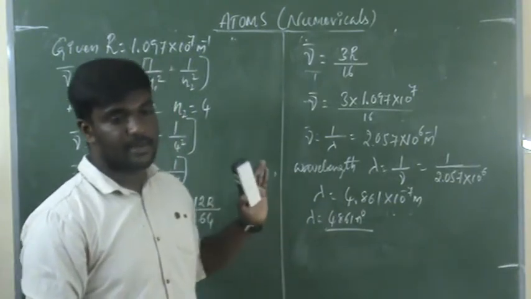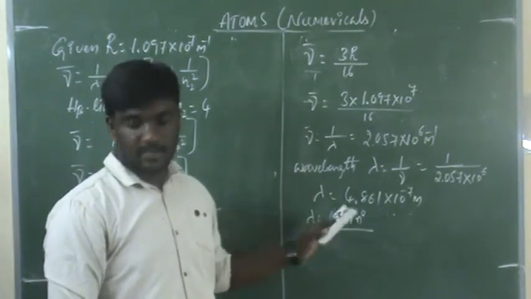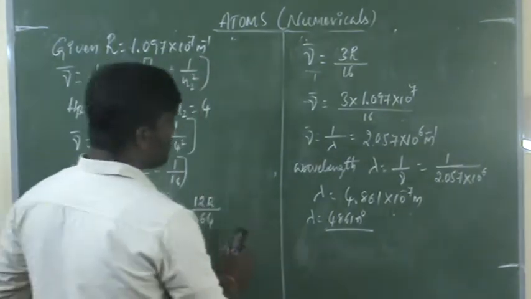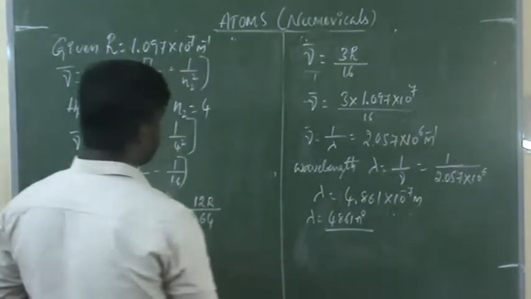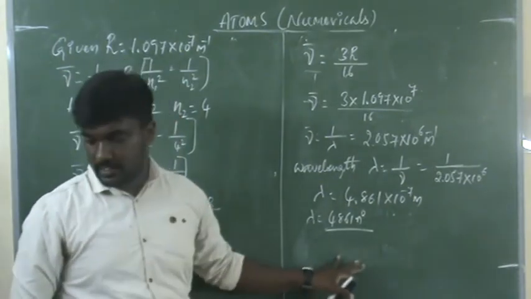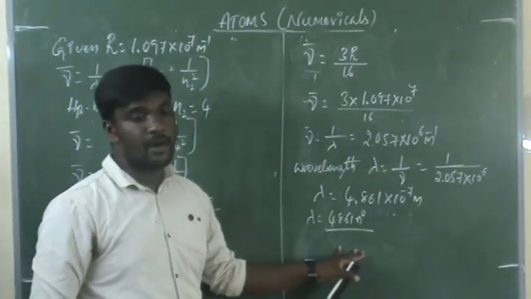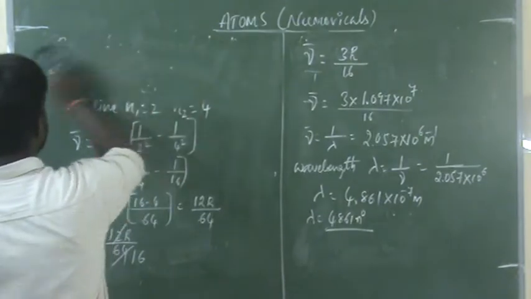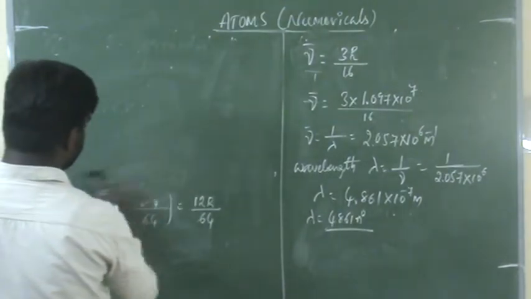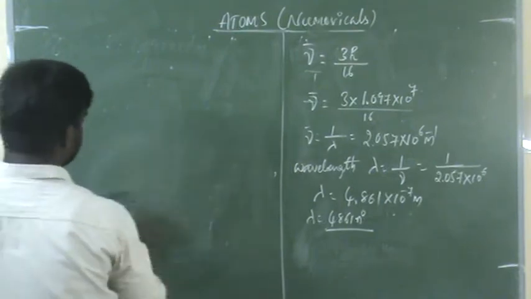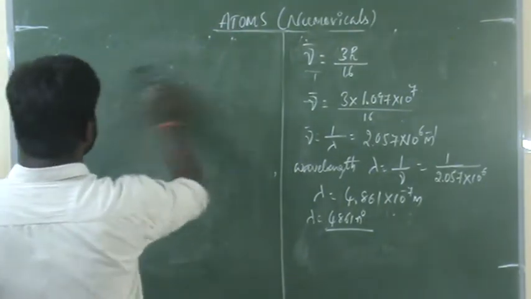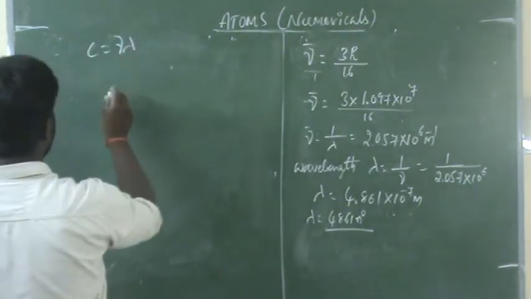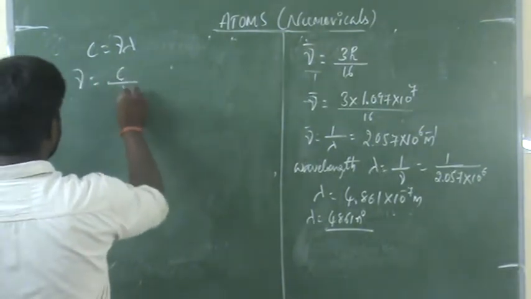Next, they have asked for frequency. What is the formula for frequency? Nu equals C by lambda. So C equals nu lambda, where frequency is C by lambda.